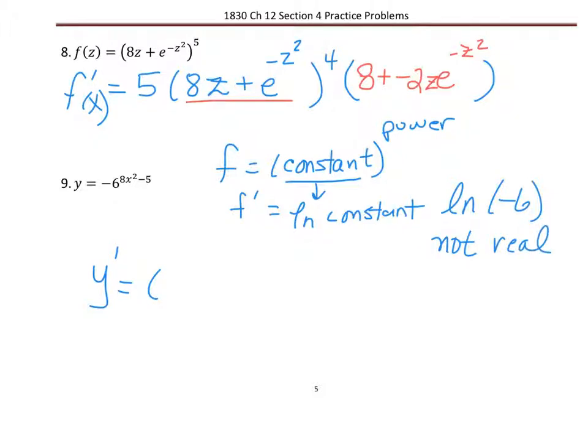The way that we're going to get around that is we're going to treat the negative as if it's the coefficient -1 times 6 for all that. So that -1 now becomes just a hitchhiker. And we can take the natural log of +6.